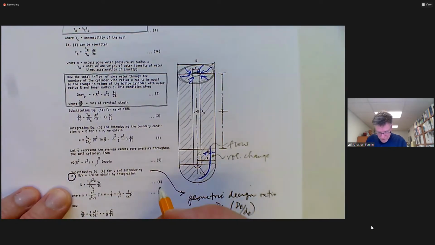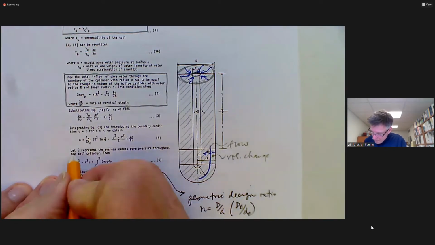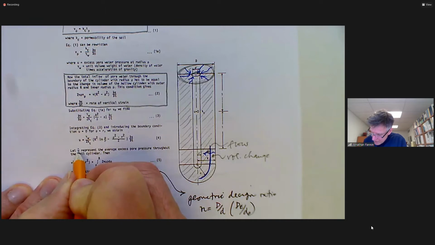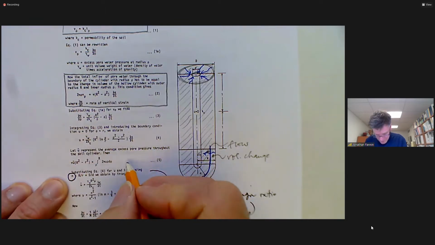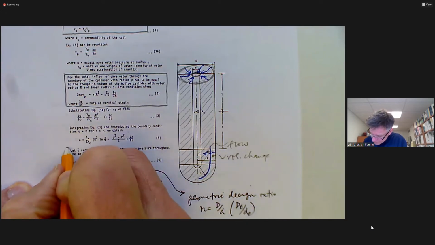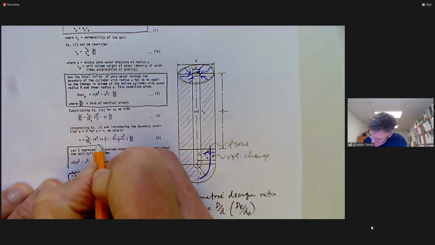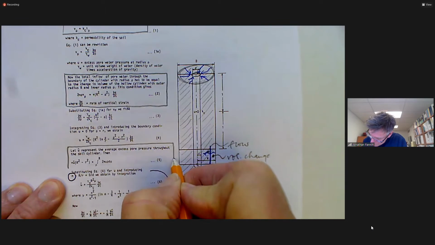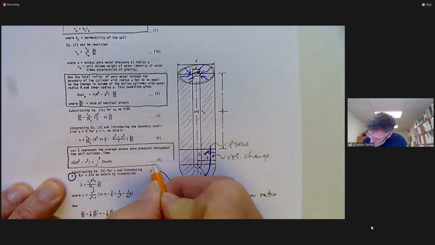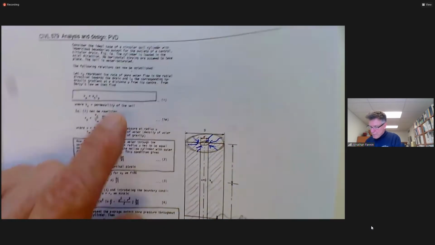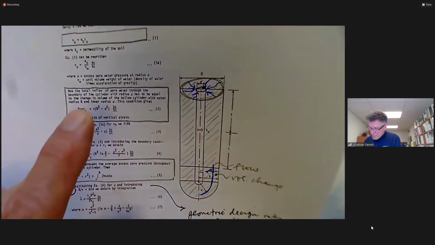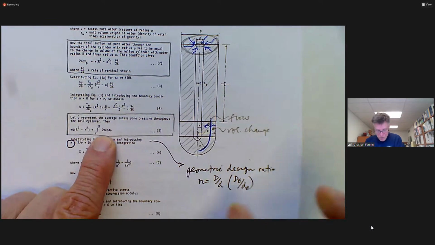And then there's another, it's almost by definition. Okay, let's look at the average excess pore pressure throughout the soil cylinder, and we define it. This holds true. This is a reasonable assumption. This is by definition.